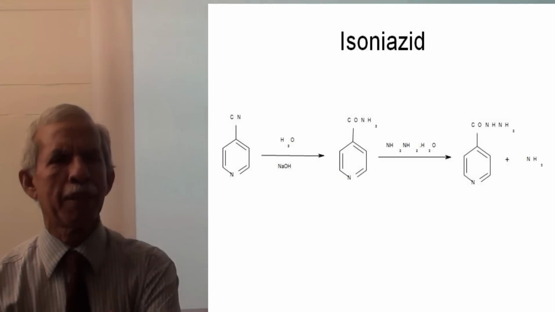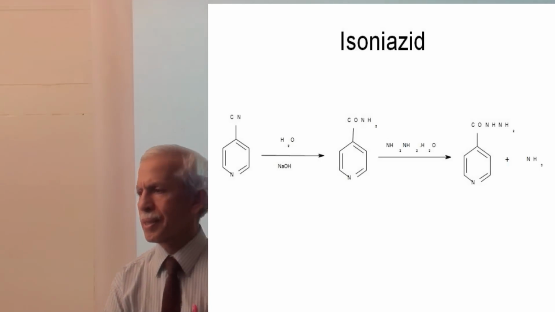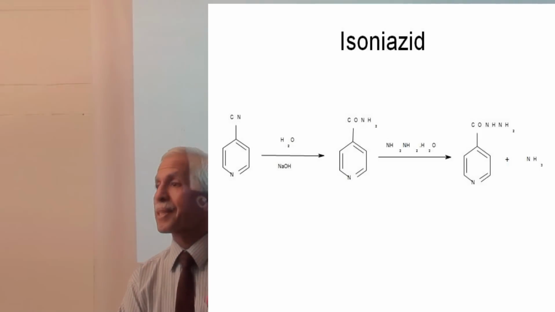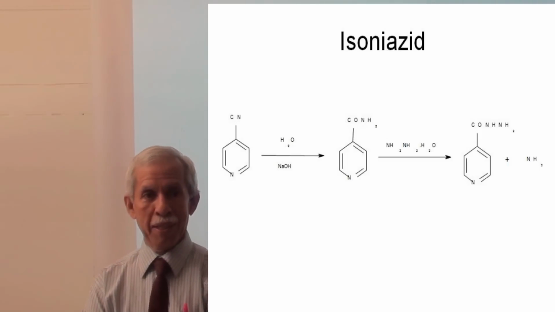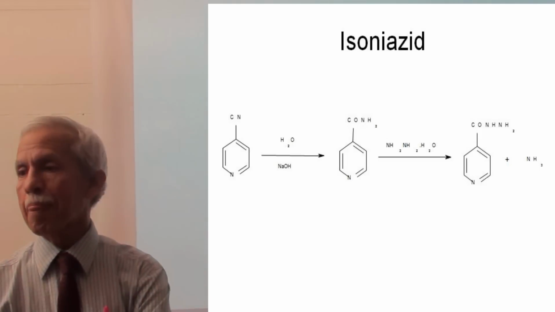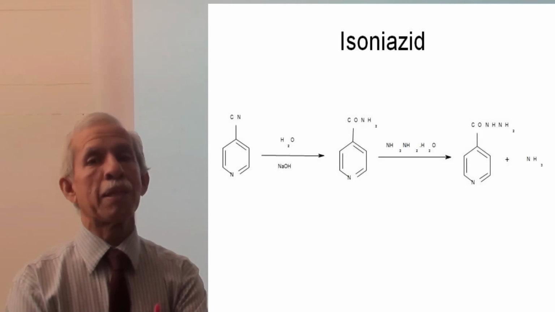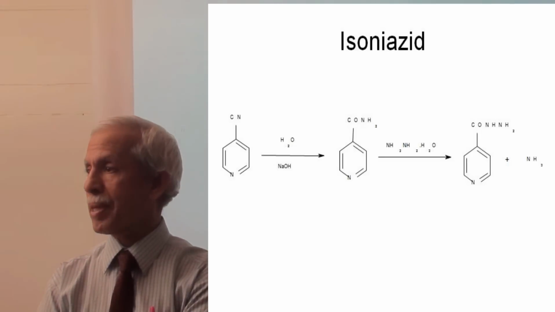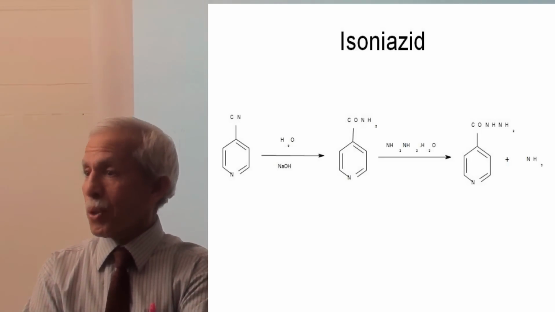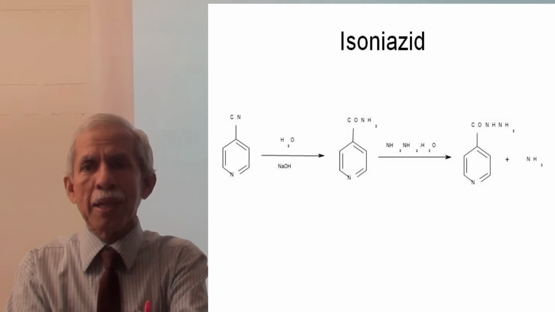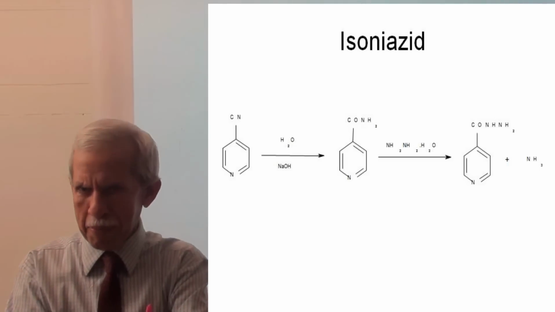Purify the compound after this 2-step synthesis. Make sure that it is chemically and biologically pure. That means it has no impurities, it does not have any bacterial infection, and hopefully such a drug can actually enter the market.